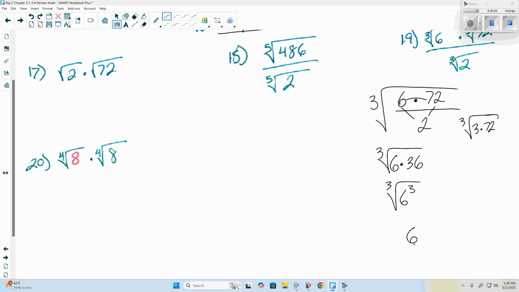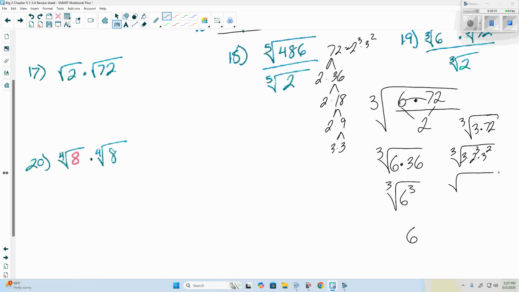Now 72, the other way to do this is take our prime factorization, our factor tree. Yeah, it gets to the same thing. Because here, 72 is 2 to the third times 3 squared, which is 3 times 2 to the third times 3 squared. 2 cubed.